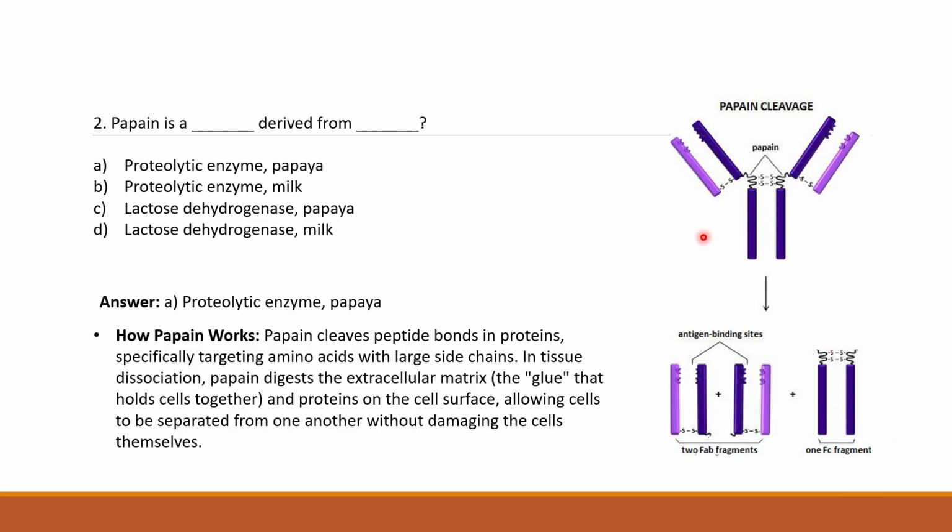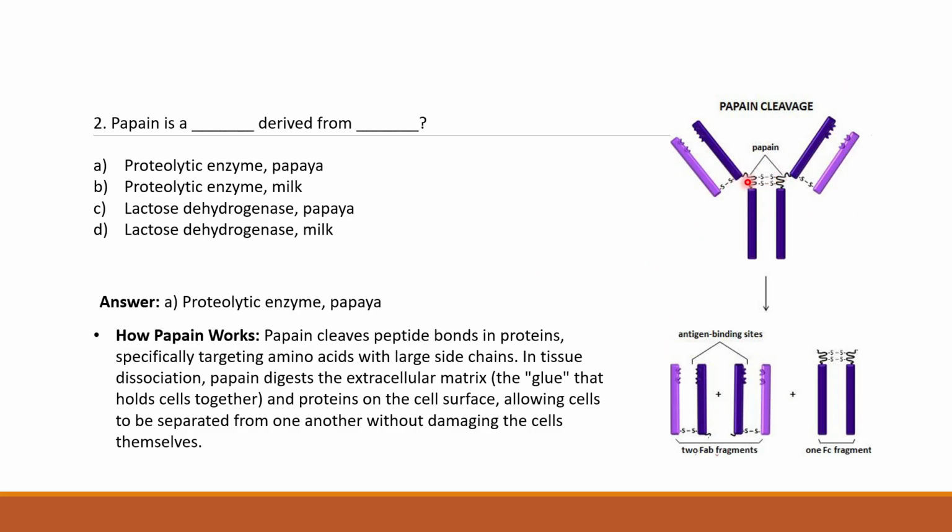There are certain proteins which cleave only here, so you will get F(ab')2, like both these Fab will be attached with each other but dissociated from Fc, that is a different protein. And then few will cleave individual homomers or heteromers of this antibody.